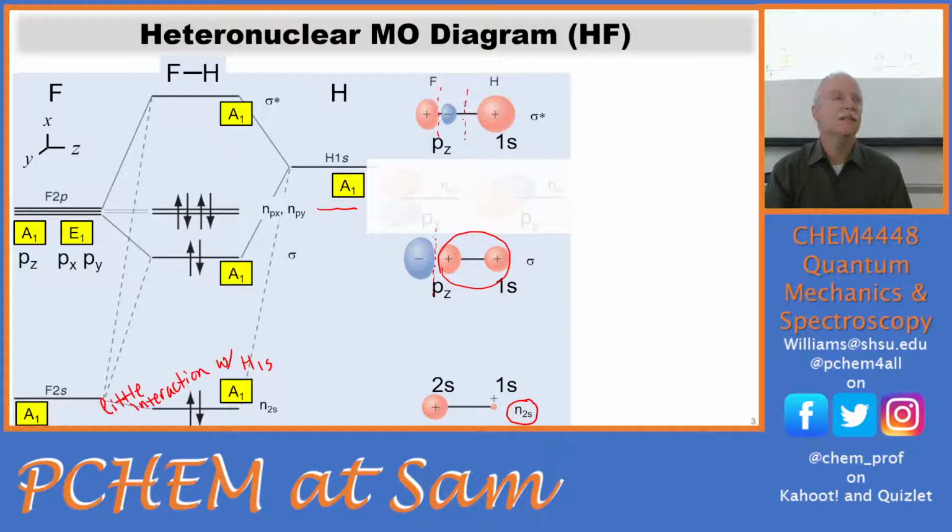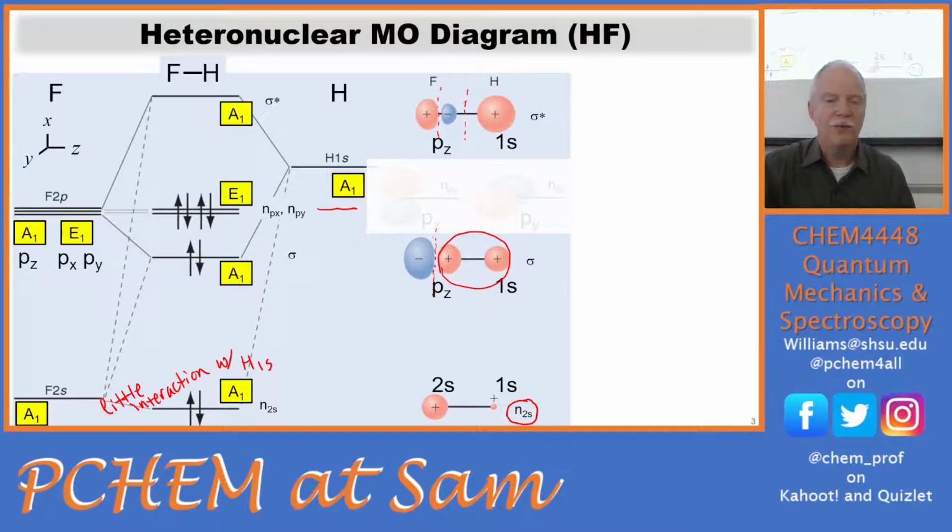It all makes sense, right, in terms of energy. Just be thinking, could I do this? A blank sheet of paper, right? Thinking about, okay, I've got a 2s on the fluorine and I've got a 2pz. How am I going to interact with the hydrogen 1s? It's going to be in phase or out of phase, and everything's going to be happy.